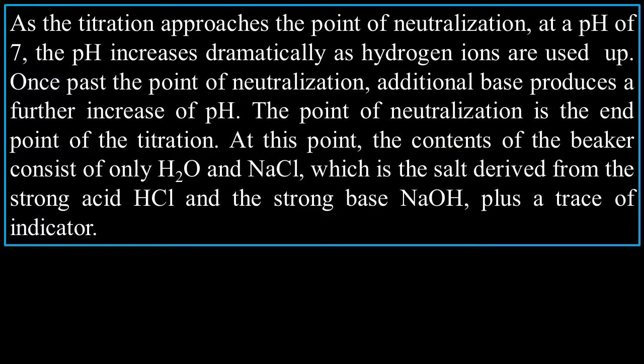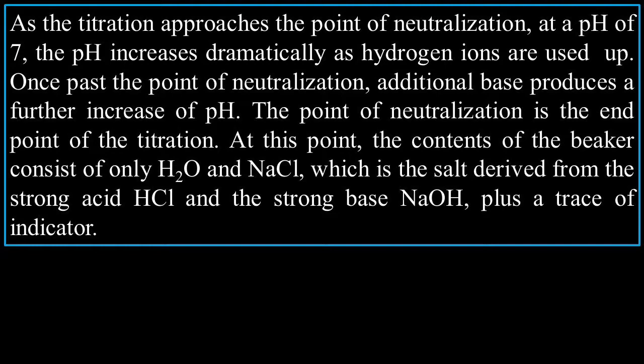Interesting. As the titration approaches the point of neutralization at a pH of 7, the pH increases dramatically as hydrogen ions are used up. Once past the point of neutralization, additional base produces a further increase of pH.